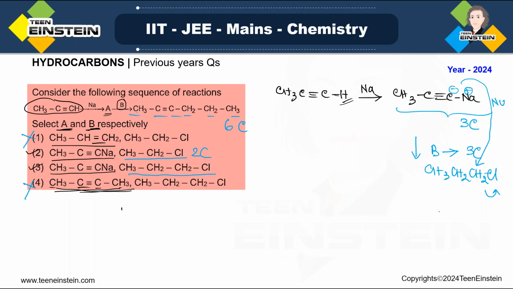It attacks this carbon which contains the good leaving group chlorine, and ultimately you will get CH3C triple bond C, and then this new 3 carbon is coming from the reagent B. And this is the structure given in the question, isn't it? So option 3 should be the correct option.